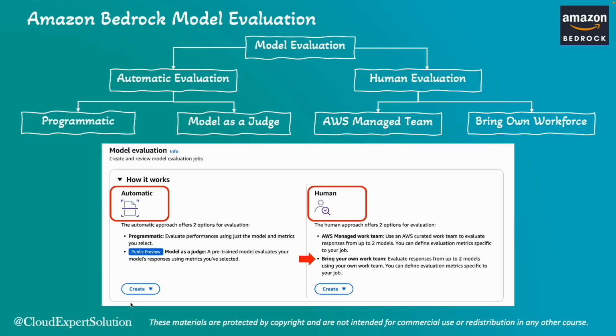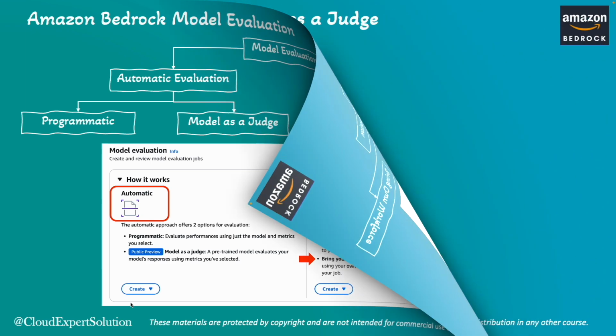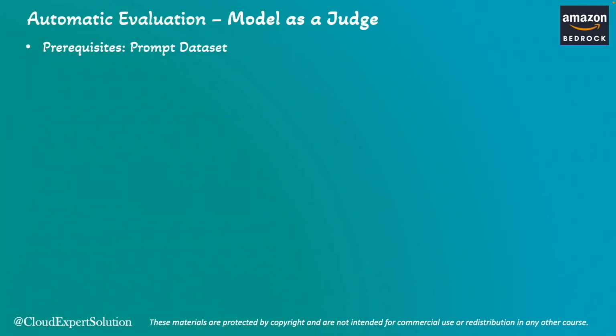When using human evaluation, you must provide detailed instructions, a step-by-step evaluation process, and rating criteria, which are not required for automatic evaluation. We'll start with automatic evaluation, model as a judge.